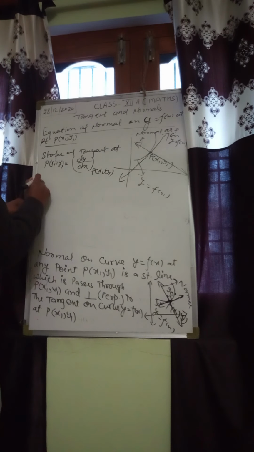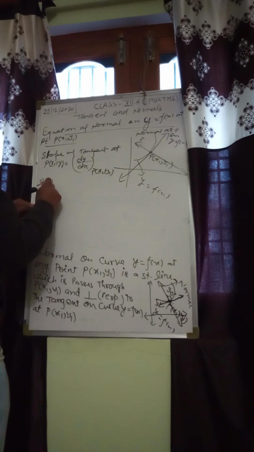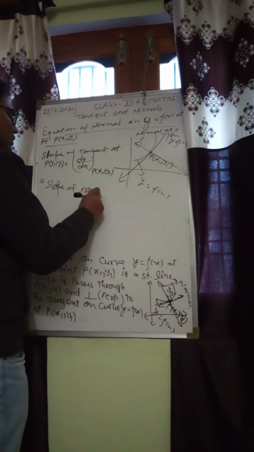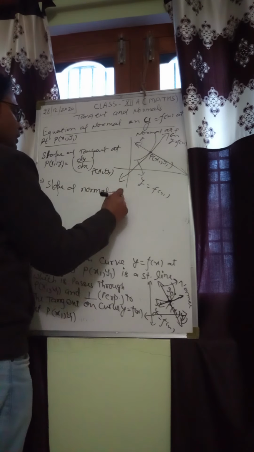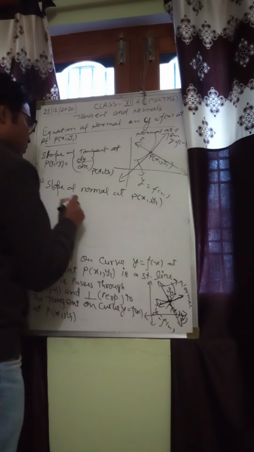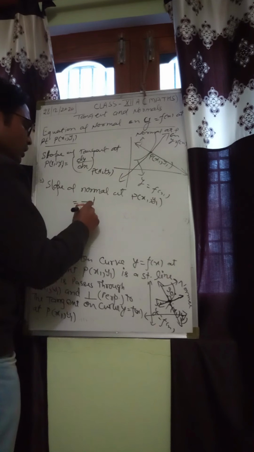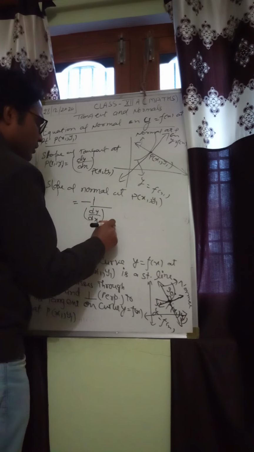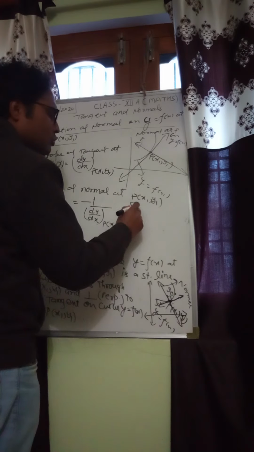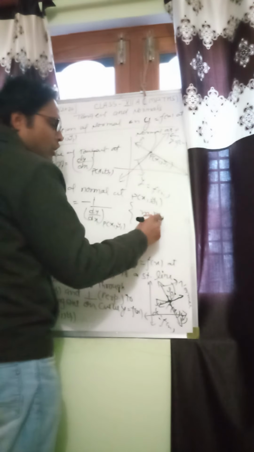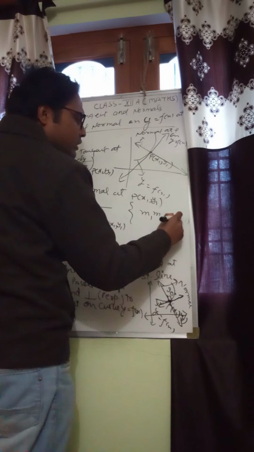Then slope of normal at P(x1, y1) will be equal to -1 upon dy/dx at P(x1, y1), because you know that if two lines are perpendicular to each other, then the product of their slopes is equal to -1.